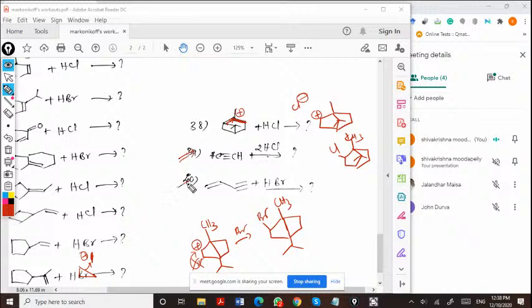So these two are a little different when compared to others. So let's see 40 first. Among olefin and acetylene, which is more nucleophilic, which can donate the electrons better?